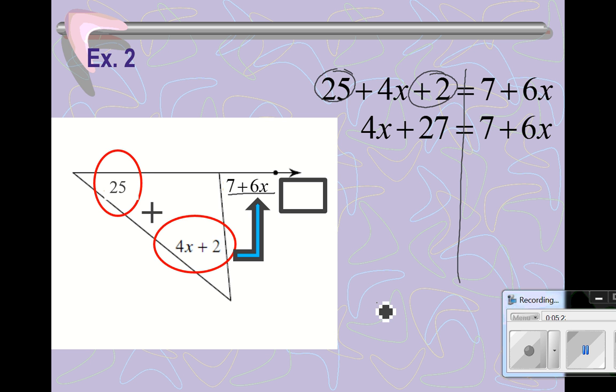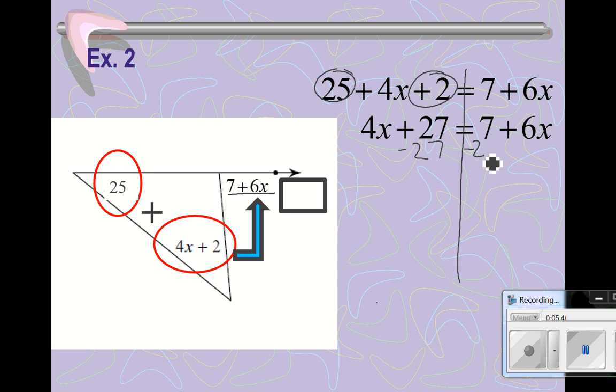Now, if this confuses you, because there's two terms on each side, cover up the second side. Cover up with your hand the 7 plus 6x. Because then the first part, the 4x plus 27, will look like a regular two-step equation that you should know how to solve already. And if you do that, you should automatically think, I'm going to subtract 27 from both sides.